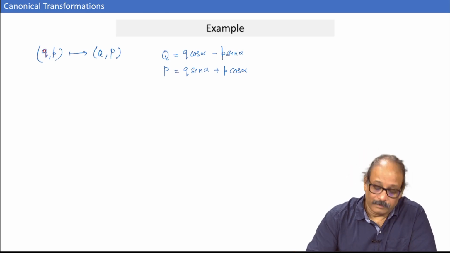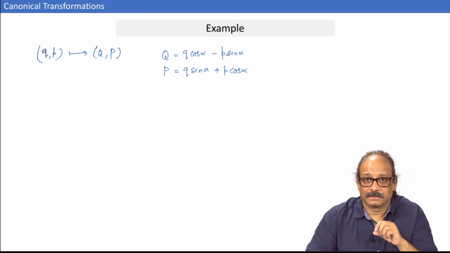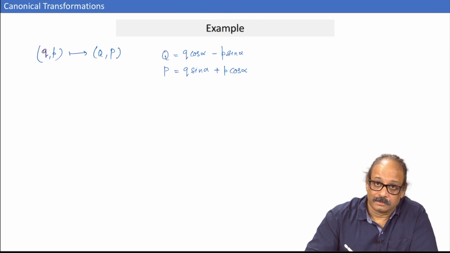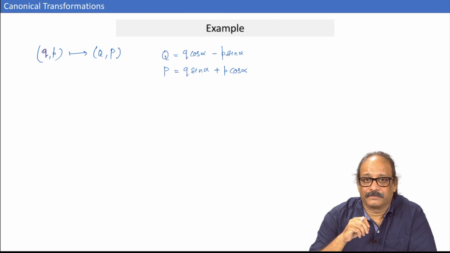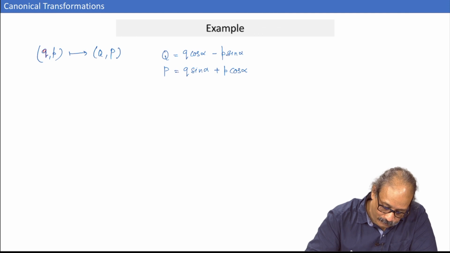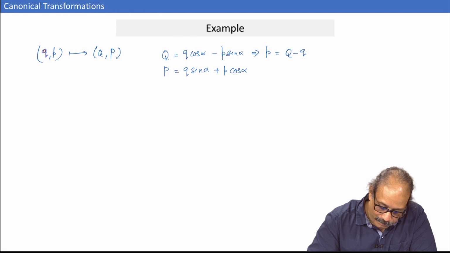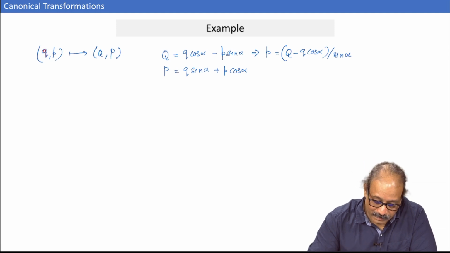Okay. Now, start by first transforming this such that I want to write small p and capital P as a function of small q and capital Q. So that I can do very easily. From this equation, I can immediately write down p must be equal to (q minus capital Q cos alpha) divided by sin alpha. Okay. And use this p now here.